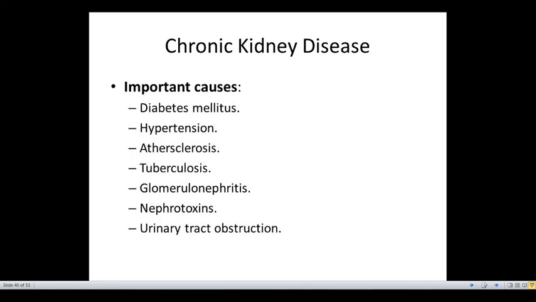The important causes of chronic kidney disease include diabetes mellitus, hypertension, atherosclerosis, tuberculosis, glomerulonephritis, nephrotoxins, and urinary tract obstruction.